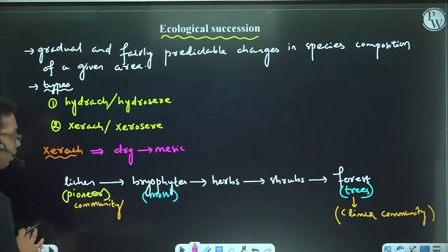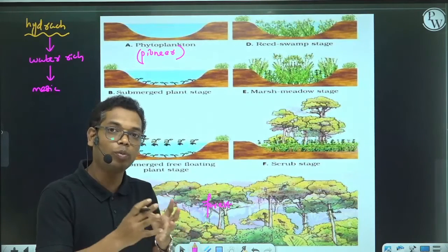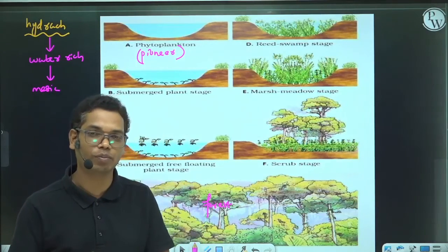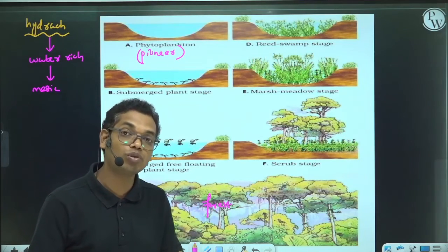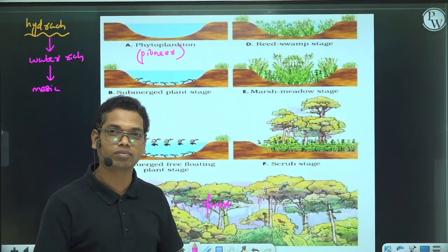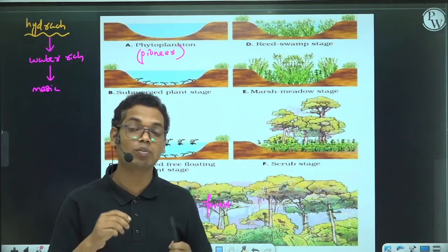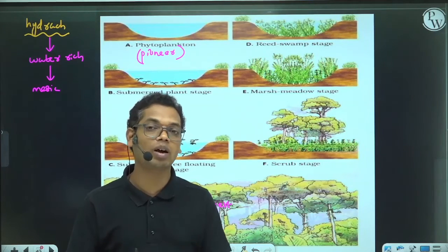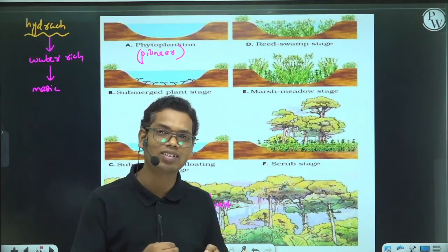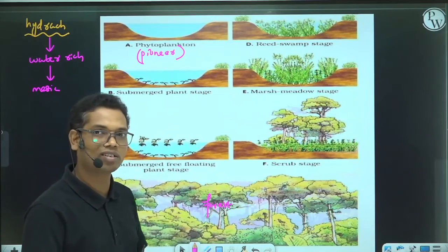Okay, and during the process of ecological succession, what happens? The species present in the plant community will keep on changing, and accordingly the decomposers and the animals will also change in that area. During the process of ecological succession, the species composition changes. Some species will completely disappear, some will decrease in number, and some will increase. Okay, so this is ecological succession.